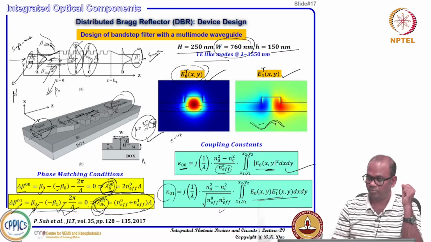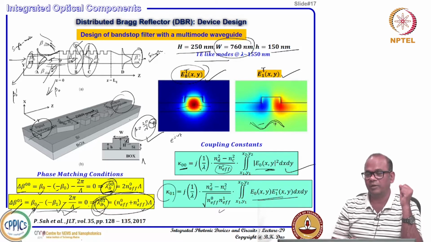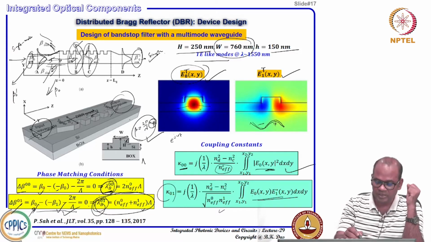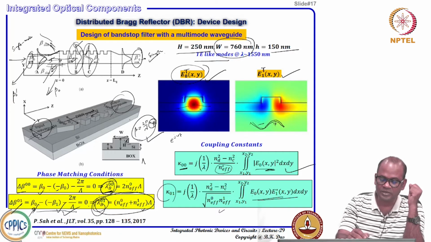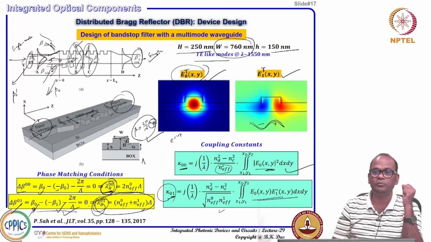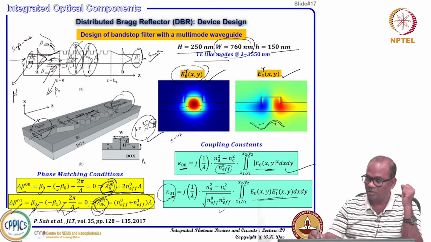One thing you should keep in mind is that if in the same waveguide the grating perturbation is on both sides, then this kappa 0 1 would be 0, because you have one side positive, another side negative. Suppose this side is a positively perturbed region and this side is also positive.